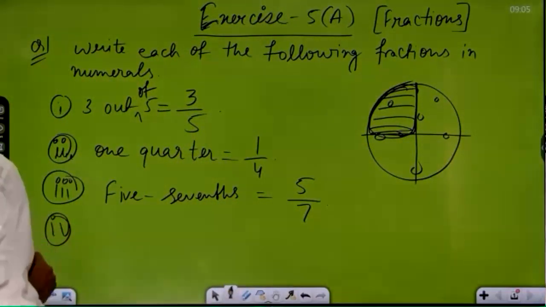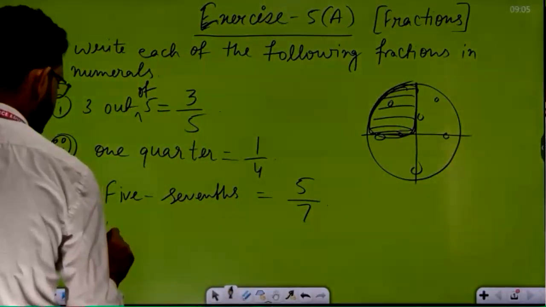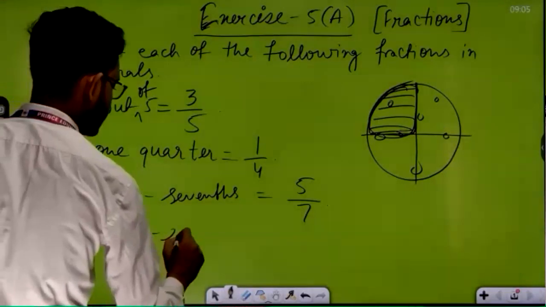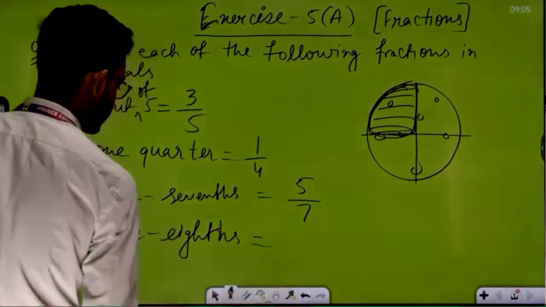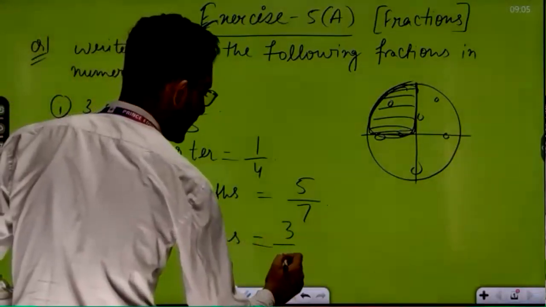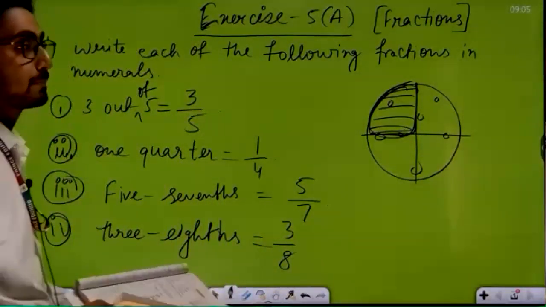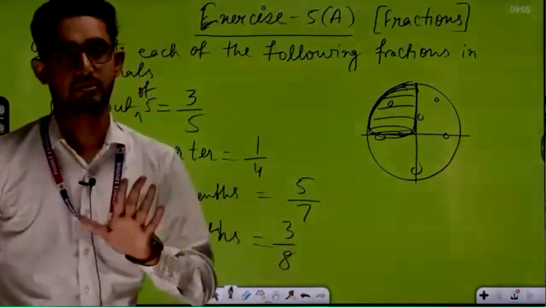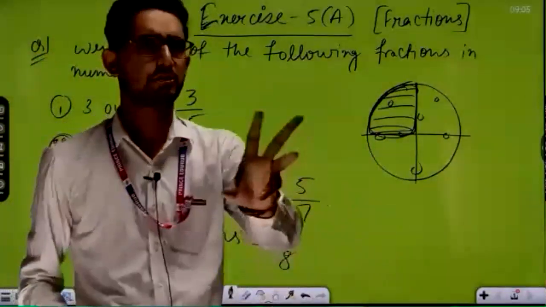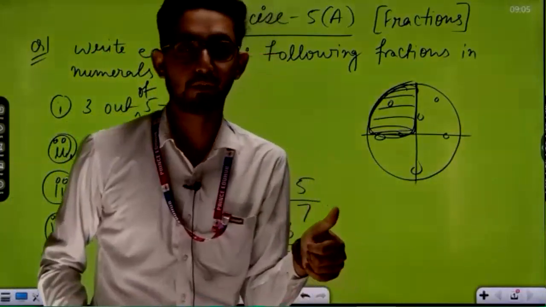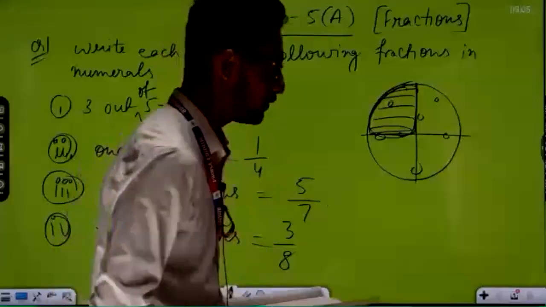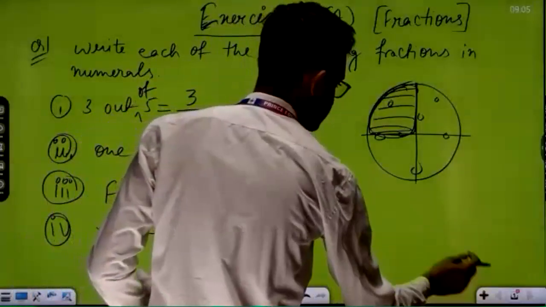Fourth part, that is 3/8. So we can say 3 upon 8. Like this way you have to represent all the remaining questions. Very simple questions. You have to solve the remaining questions yourself. Okay, understood all of you? Yes or no? Very good.